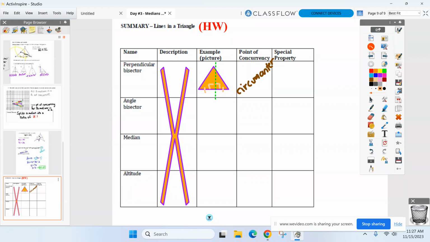Equidistant from vertices. So this is giving you a little taste of everything you need to know here. Can you draw it? What's the point of concurrency? And what's so great about it? And I will leave you with that now. Okay? I did put my version on the homework answer key if you want to take a look when you're done.